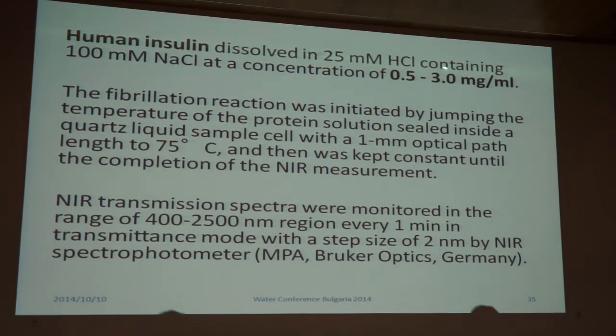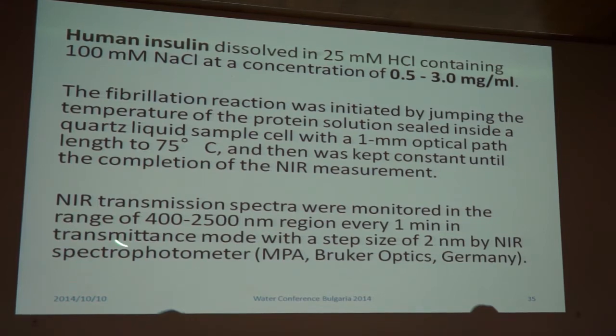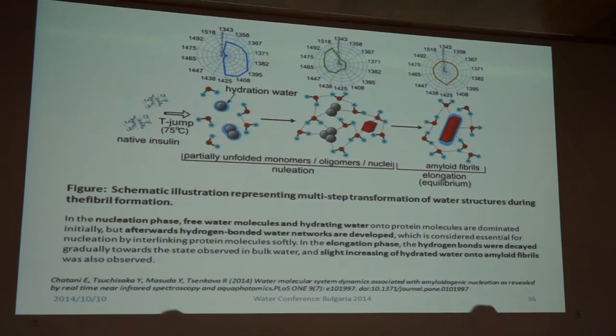And this is the concentration we're talking about. We took the spectra in the whole infrared range, but we show that if we use only the first overtone, only the water information, not the protein, since the protein concentration is very low, this is what we get.